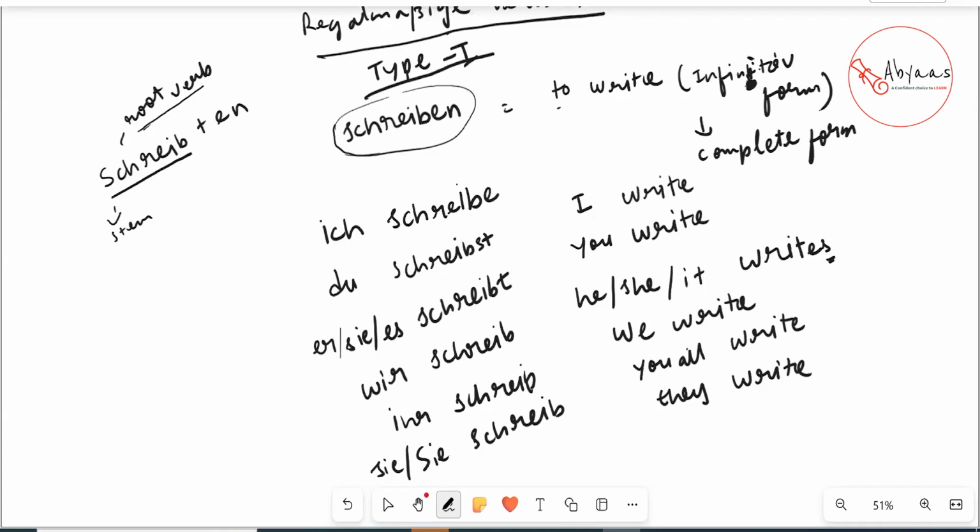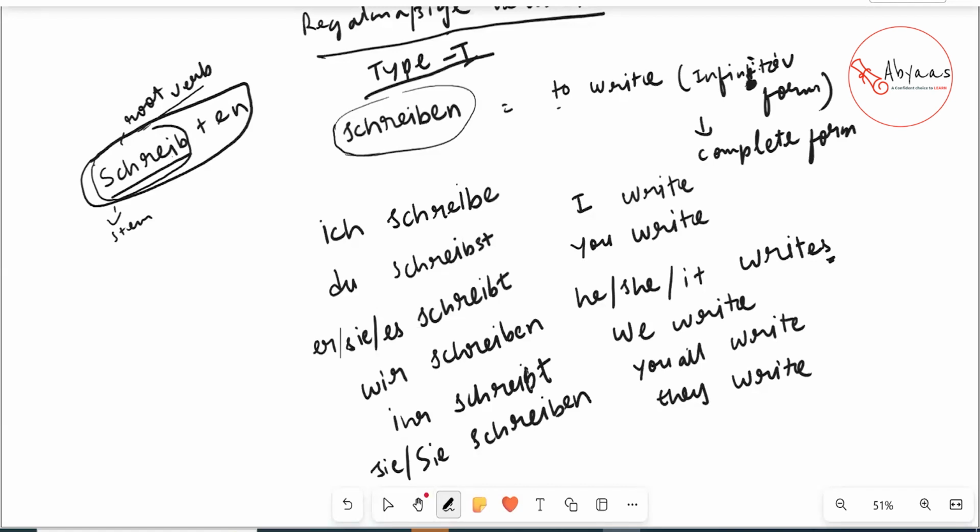With wir, en. With ihr, t. With sie and Sie, en. So what I did over here, first of all, I separated en from the verb. After separation, I took this part common.